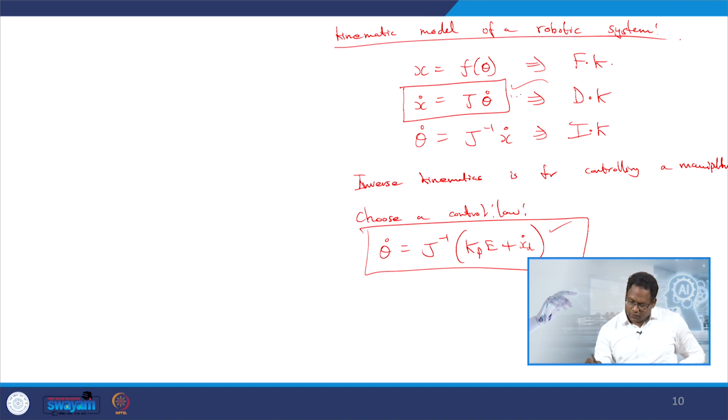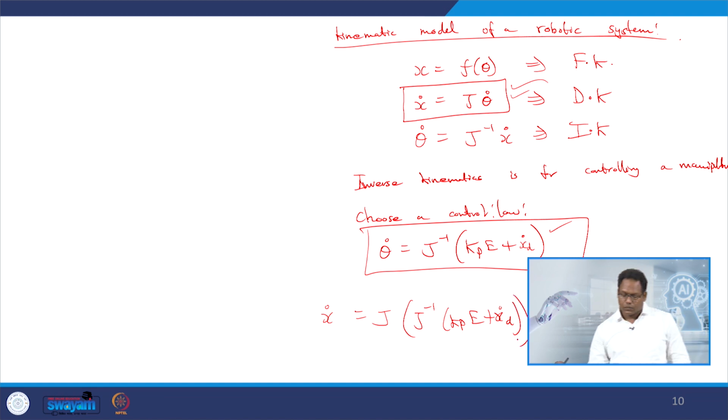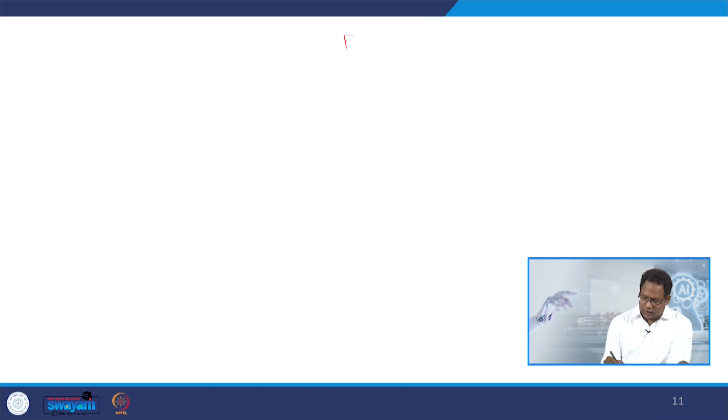When we substitute back into this equation, we get x dot equal to J multiplied by J inverse into (Kp e plus x d dot), which leads to the first order error dynamic equation, e dot plus Kp e is equal to 0, where e is equal to x d minus x.